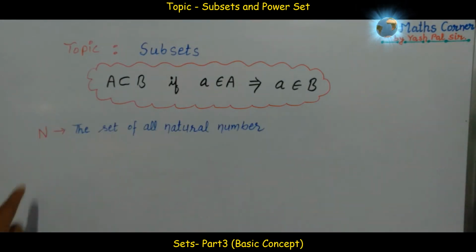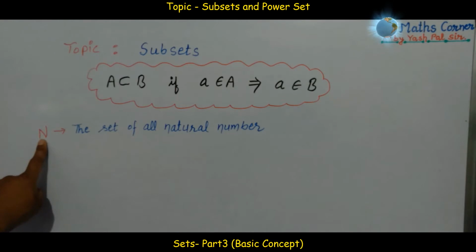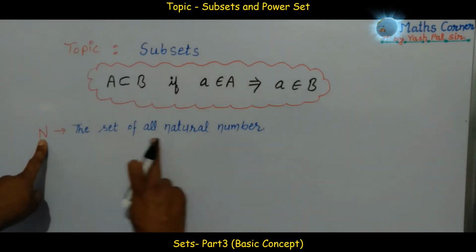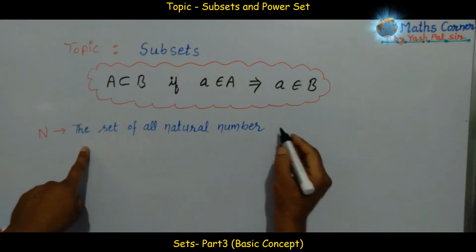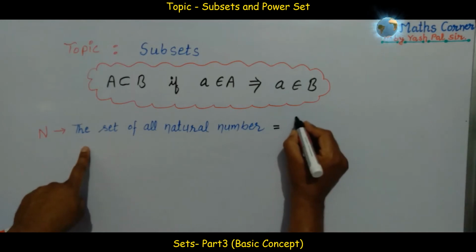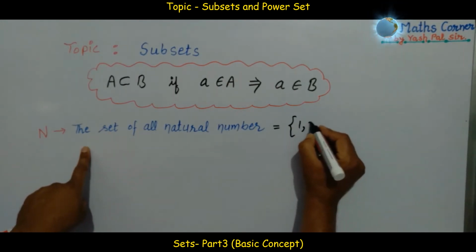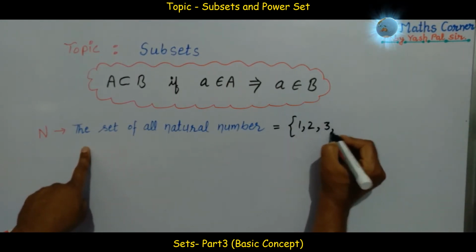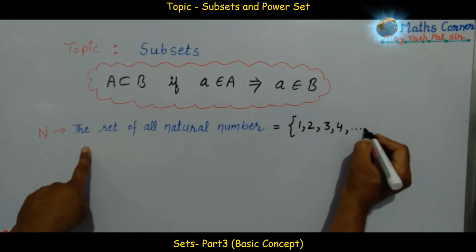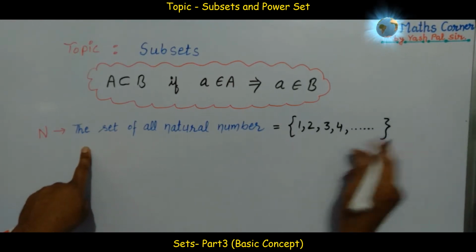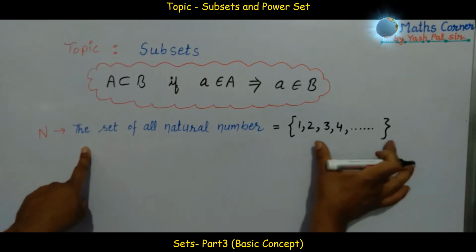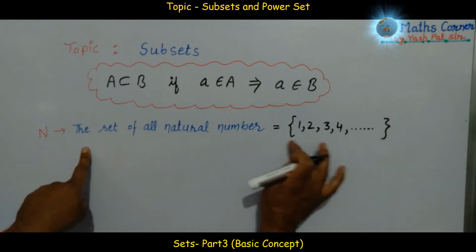First of all, capital N represents the set of all natural numbers, or we can write 1, 2, 3, 4, and so on. All these natural numbers, the collection of natural numbers, inside the curly bracket.